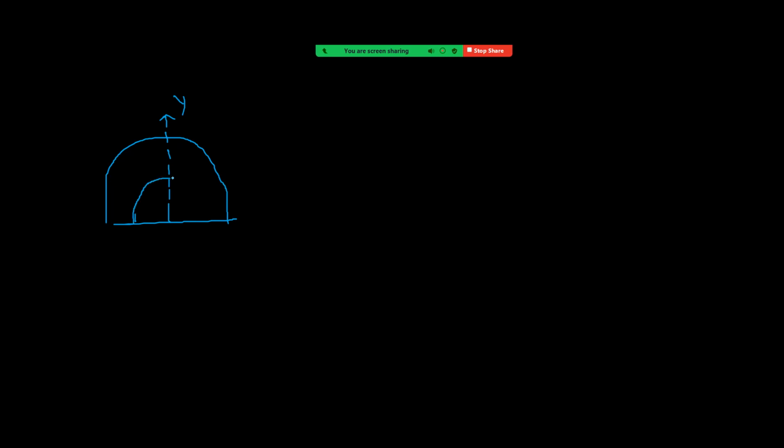I am imagining here one hemispherical shell of radius small r, with width equal to dr. Okay, and for a hemispherical shell, the center of mass is at a distance r by 2 from the base, right?